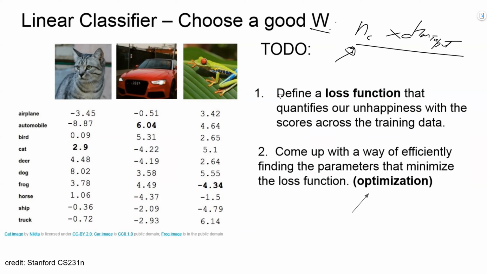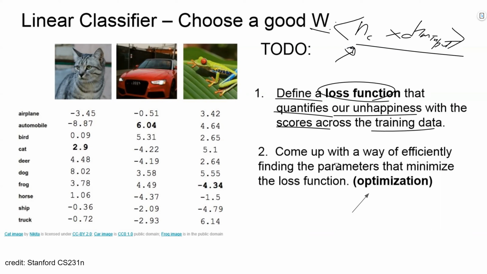To do so, we need to define a loss function. This loss function quantifies our unhappiness with the scores across the training data. In other words, how unsatisfied we are with the current W values. That is what the loss function quantifies.